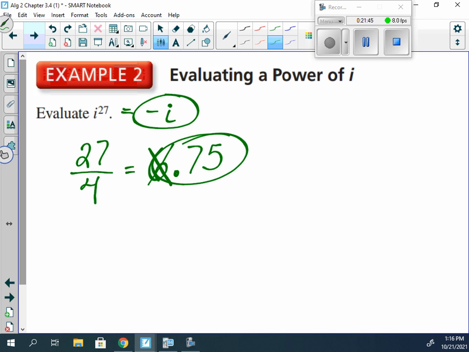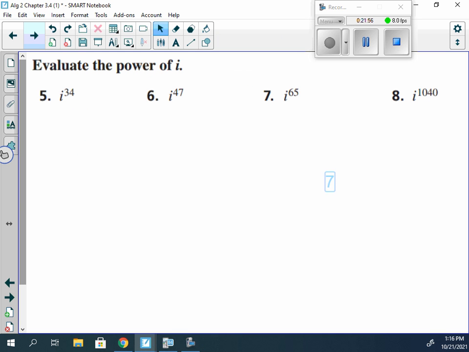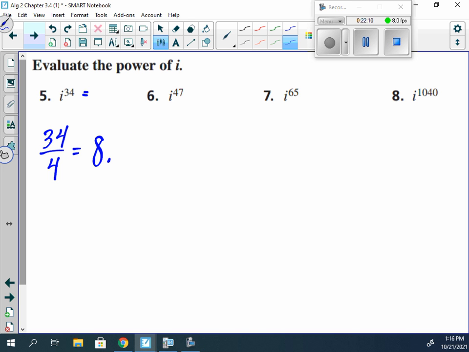That is it. Right, because we went through all the powers of i really to see, okay, there's only 4 possible setups that it simplifies down to. Now, like i to the 34, we can take 34 and divide it by 4 and get 8.5.